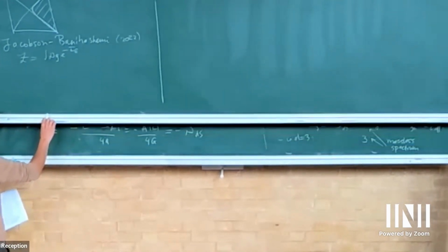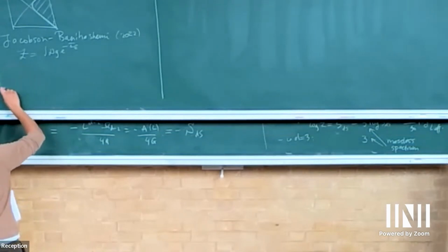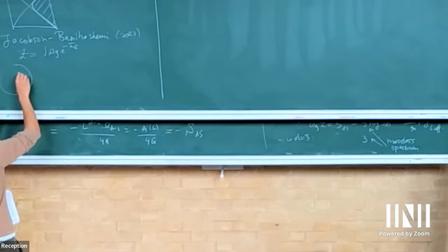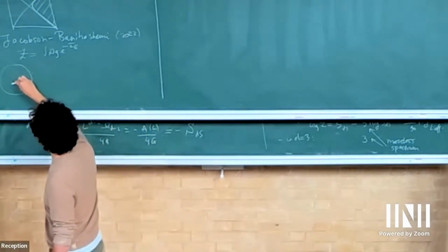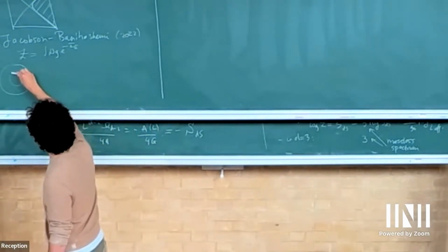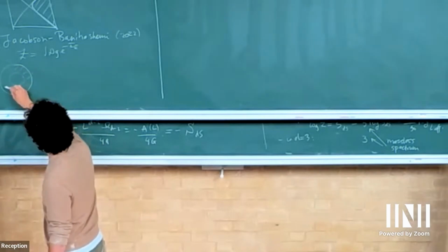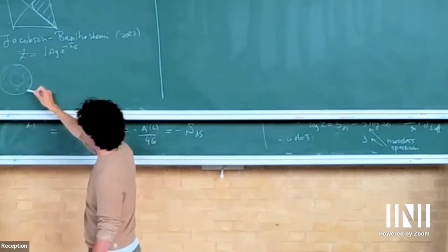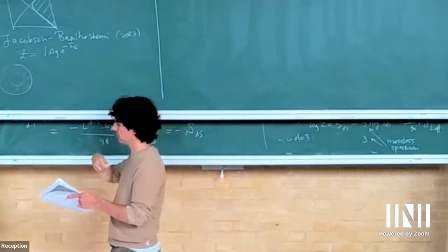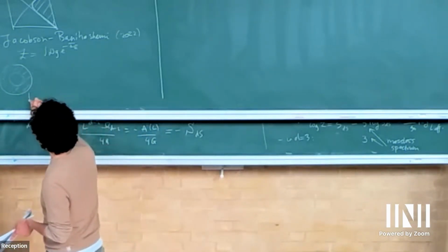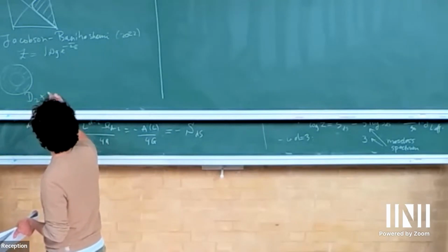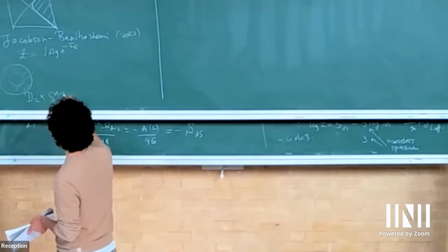So if you have a time slice of the static patch, and this is the horizon, then they introduce some boundary here, and then they look at this system. If you take the Euclidean time to be periodic, then this topology is a disk times a sphere.